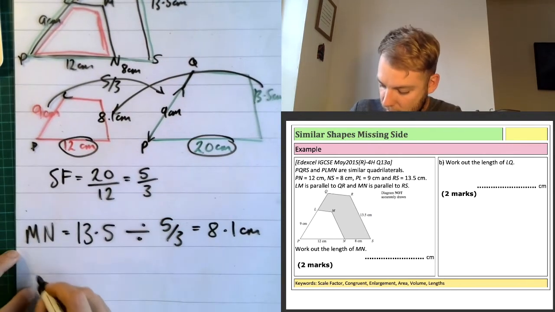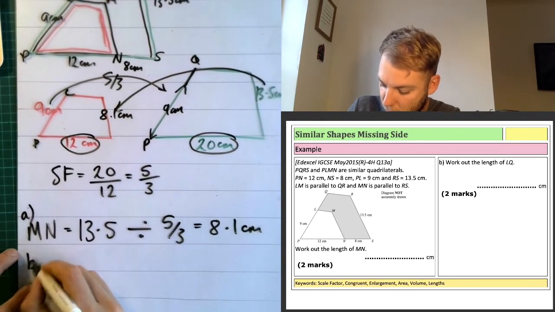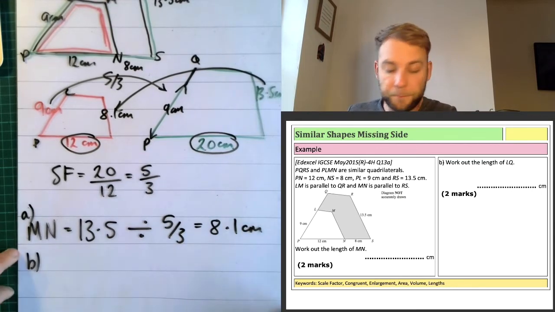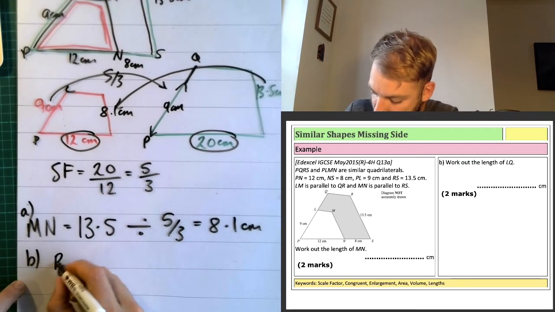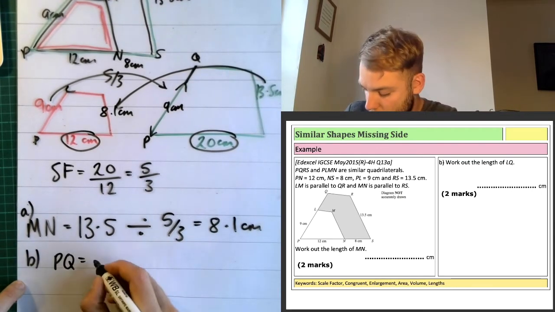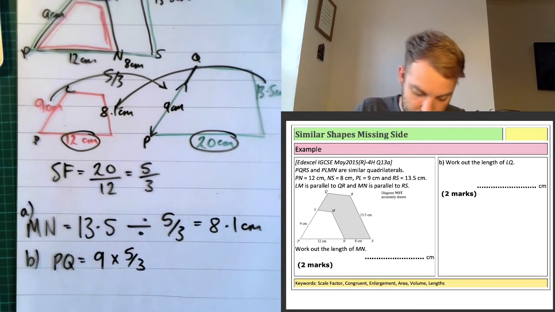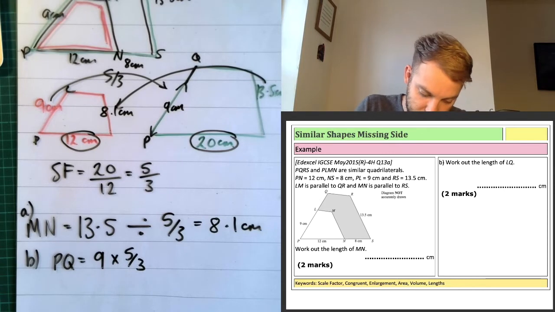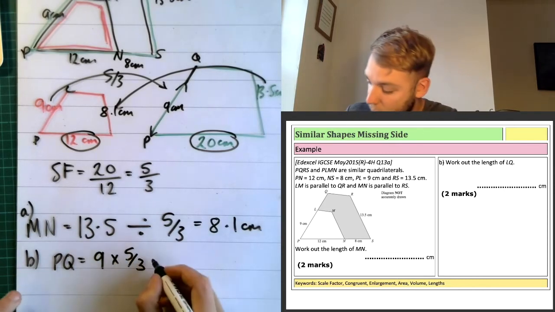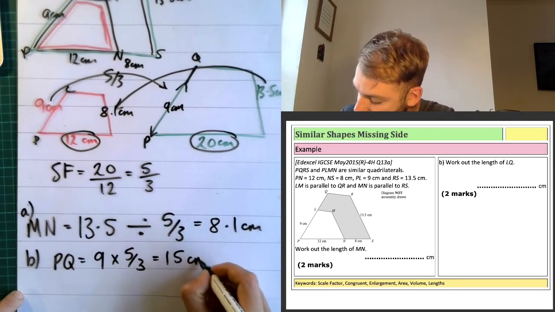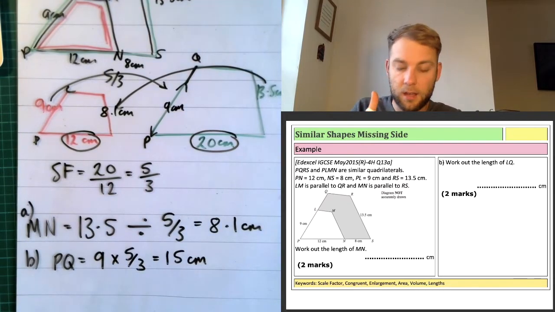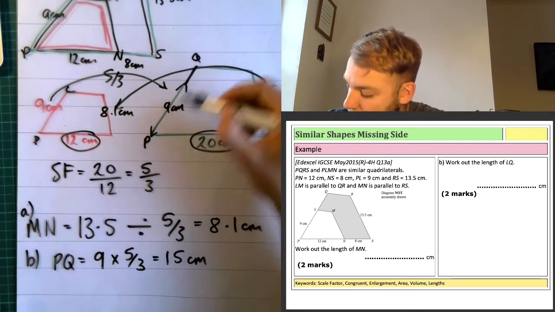So this is part A, I've done that. Part B, P to Q is equal to 9 times by 5/3, which is equal to 15 centimetres. Fine, that's okay. But remember, it's all of this length, which is 15.